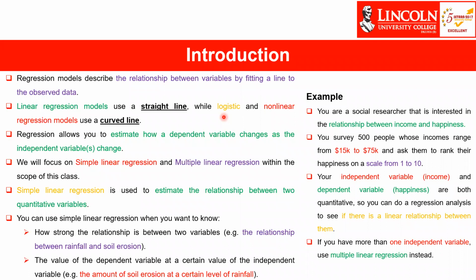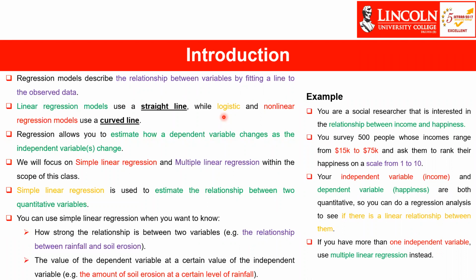For example, you are a social researcher interested in the relationship between income and happiness. You survey 500 people whose income ranges between $15,000 and $75,000 and ask them to rank their happiness on a scale of 1 to 10.